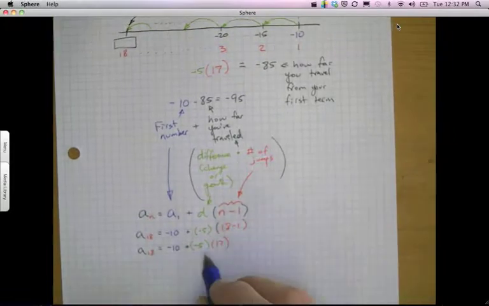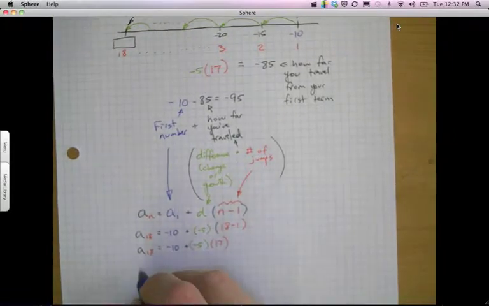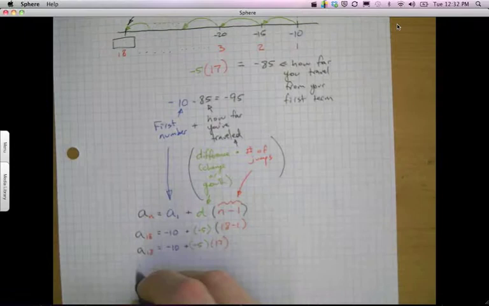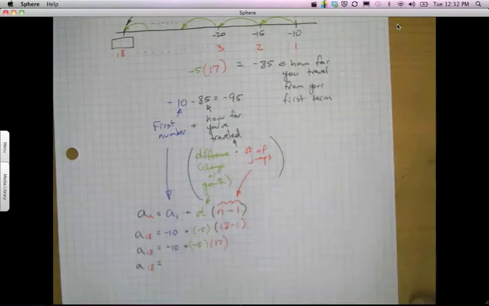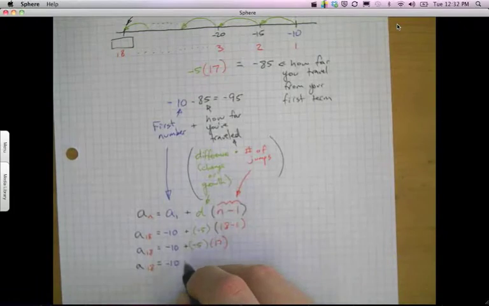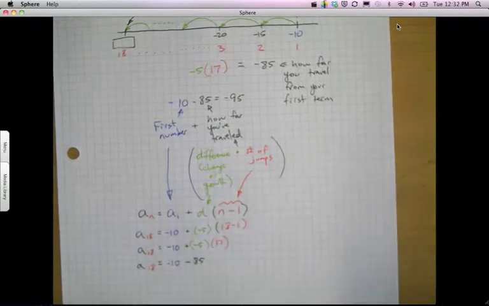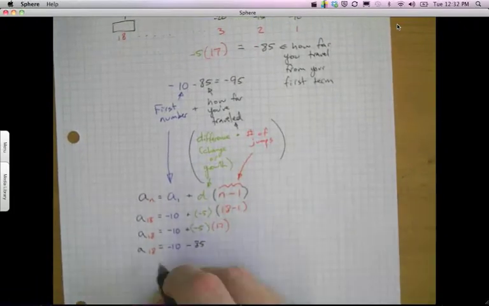And then doing this one step further, I end up with A sub 18 is equal to -10 minus 85, which, when you combine those together, ends up being -95.